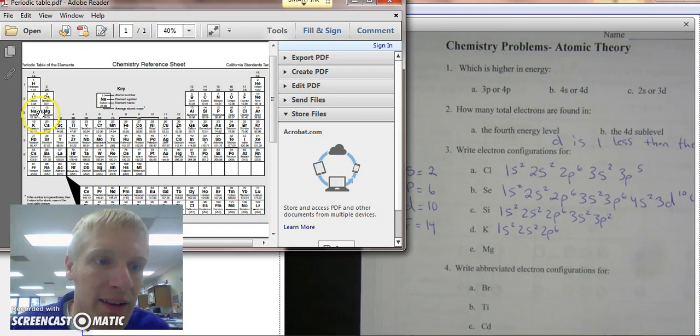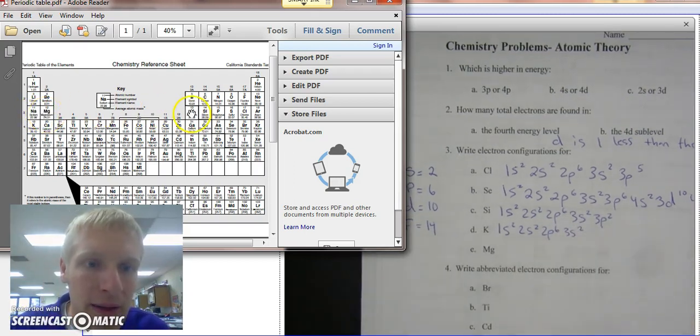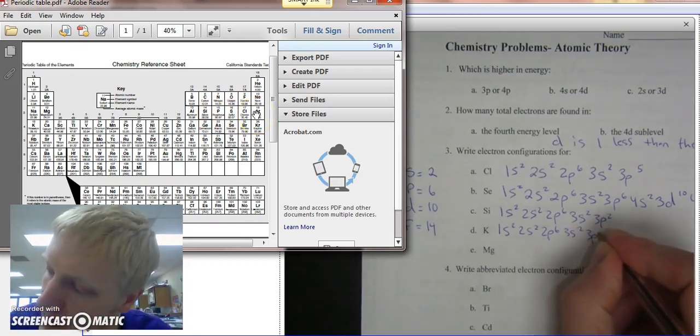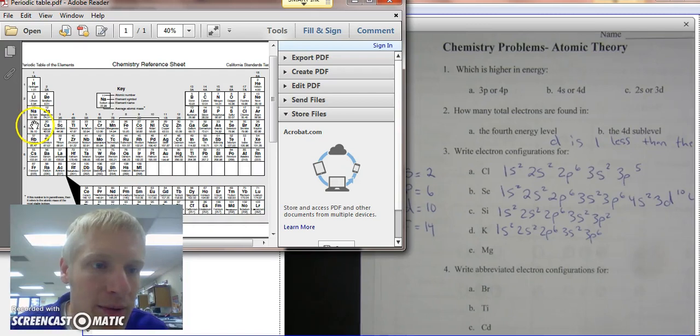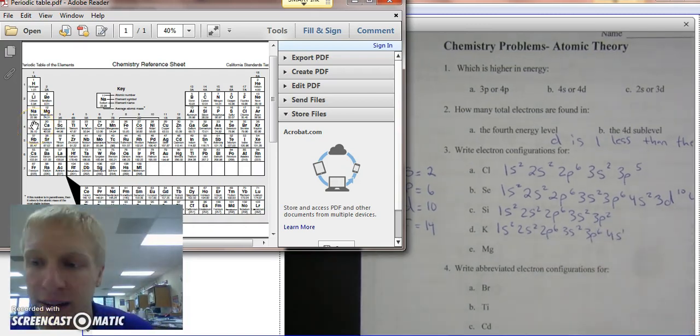And we have 3s, 1, 2. And then 3p, 1, 2, 3, 4, 5, 6. Looks like we're coming to our last one, potassium, 4s1. And that's the electron configuration for potassium.